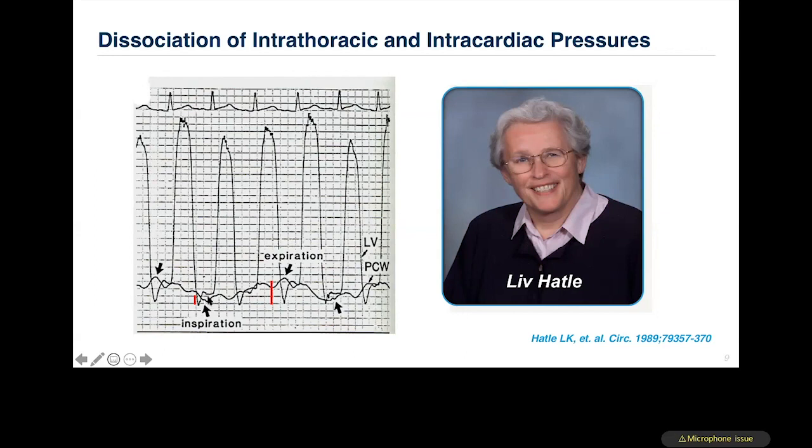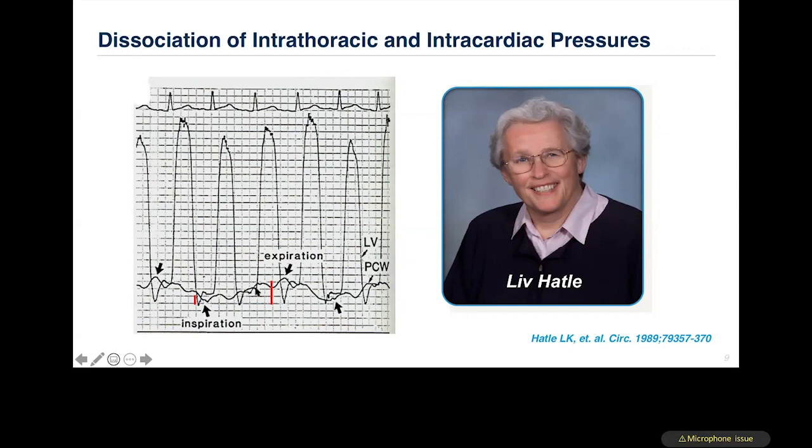Typically, these pressures go together and they will decrease during the phase of inspiration. But somehow the pericardium walls off so that the intracardiac pressure, the LV diastolic pressure, does not reduce to the same extent. As a consequence, this gradient in inspiration is maintained.